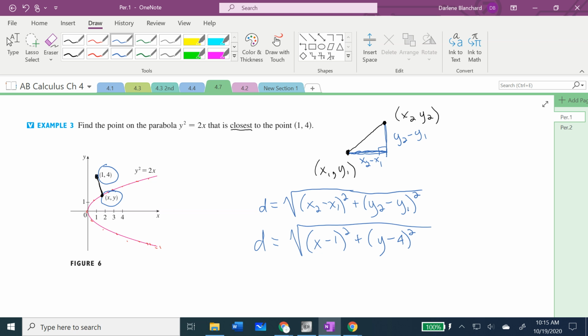That might get you to realizing, oh yeah, hey, look up there. They have to be on that parabola, and that forces a relationship between them. Your goal now is to either isolate x or isolate y and plug it in to this formula.